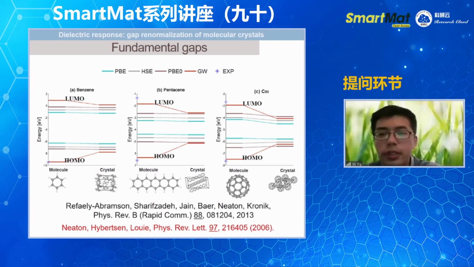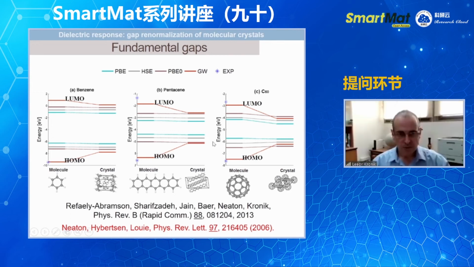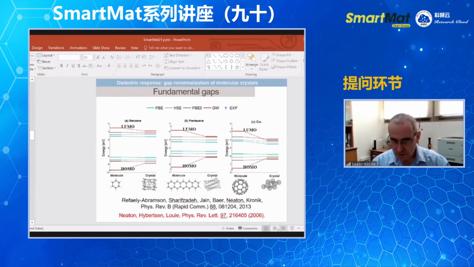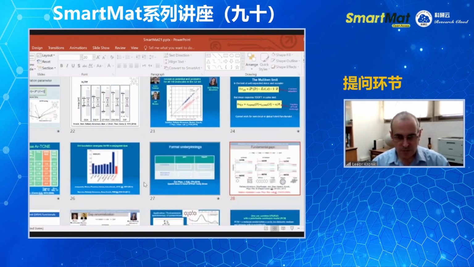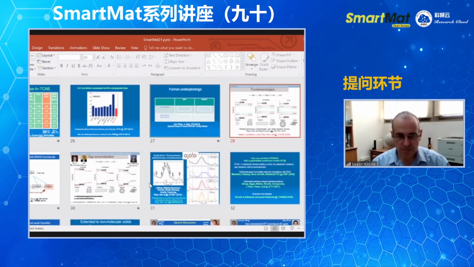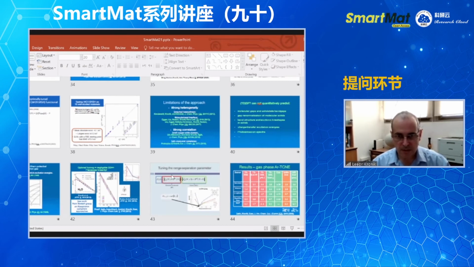How about the case of a self-assembled monolayer on the surface of a metal, which is a system that we work on a lot for molecular electronics? Right. So one second. Yeah, I don't have it on this slideshow, unfortunately, but I will explain the general idea.